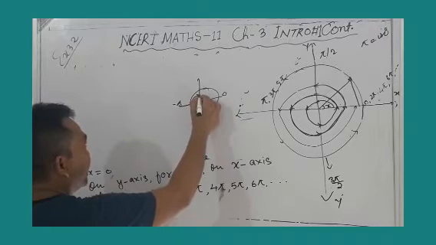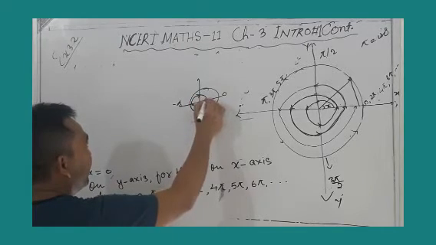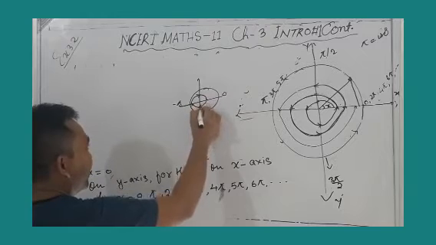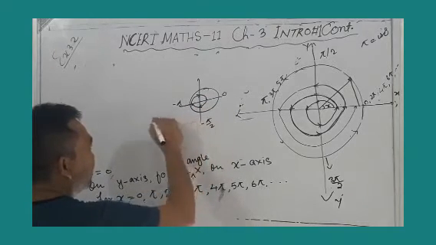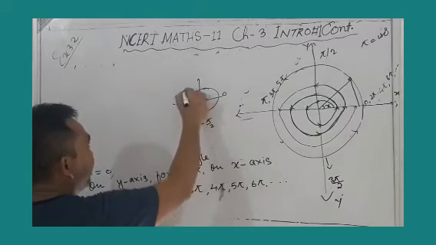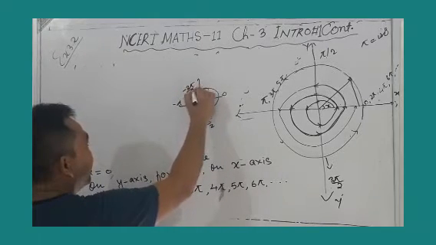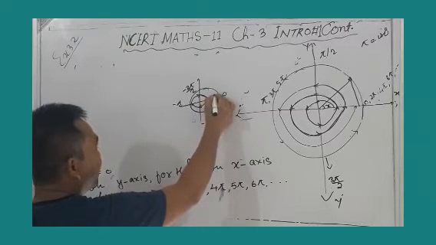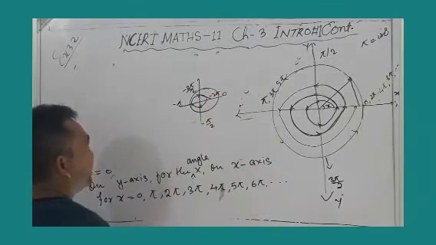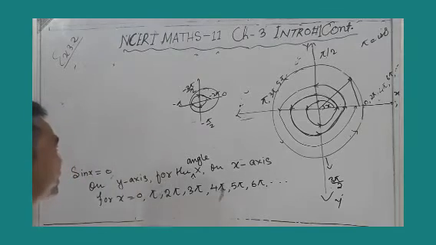The amplitude will be negative. Starting from here, minus pi by 2. Here, minus pi. And then here, minus 3 pi by 2. And here, it will be minus 2 pi. So it is like that.